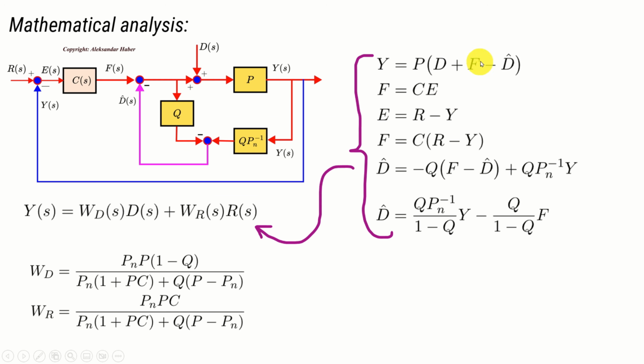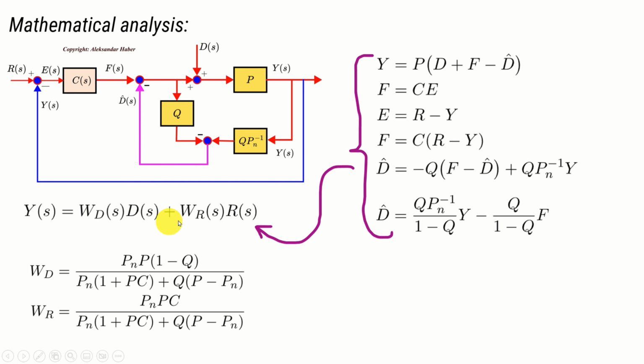Next, from these equations, we can obtain the transfer functions of our system. Namely, we can express the output y of s as a sum of Wd multiplying d of s. Wd is the transfer function from the disturbance to the output.